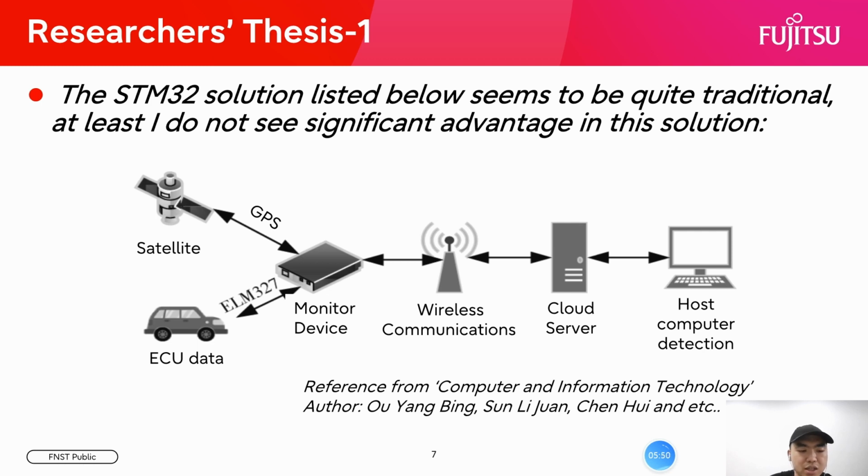Their design and implementation uses STM32 as the vehicle's ECU data collector, and integrates some GPS signal, and the monitor device sends this data to the cloud server wirelessly, and the host computer detects and shows it on the front side.